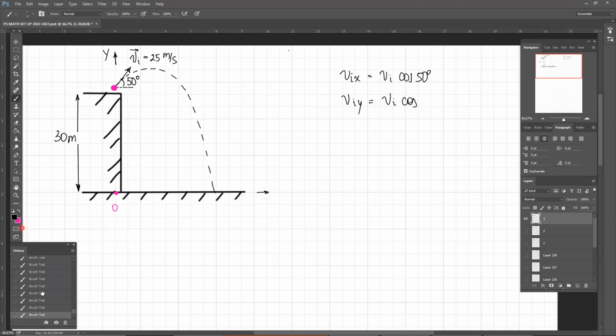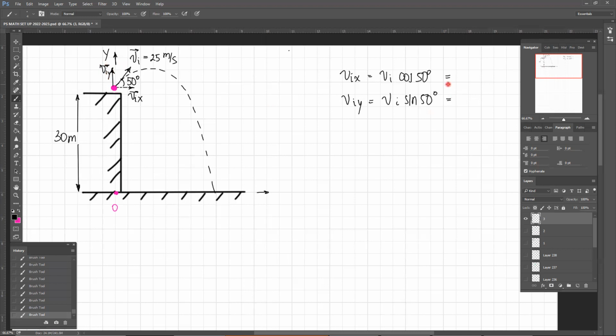I'm sorry. Can't write cos twice. So for initial velocity on the x, it's cos. For initial velocity on the y, it's sin.